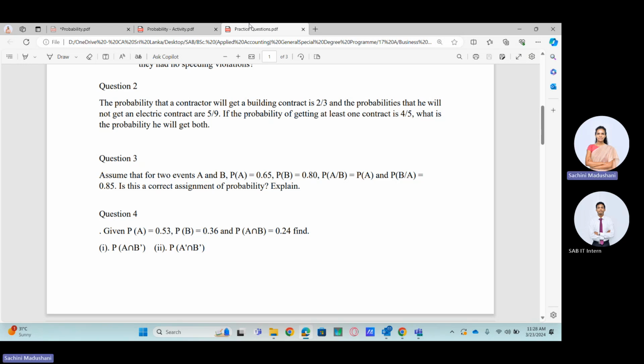This is the addition law of probability. Then we substitute the values: 4 over 5 equals 2 over 3 plus 4 over 9, then take the intersection here. Then add these two values, then subtract the 2 over 5. You can use the calculator and you get the value.